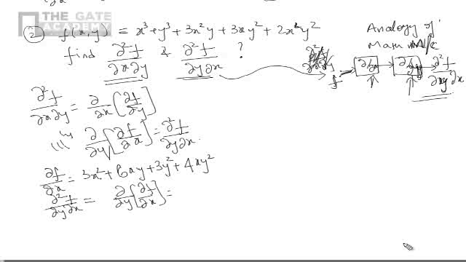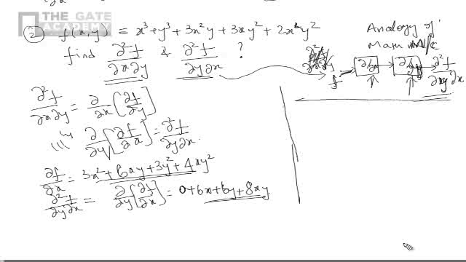I have to differentiate this with respect to y now. So 3x² on partial differentiation will give me 0, 6xy will give me 6x, 3y² will give me 6y, and 4xy² will give me 8xy. This is the answer. Clear? Okay. We have found ∂²f/∂y∂x.